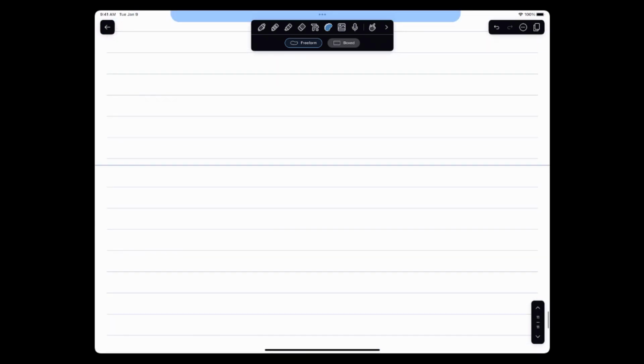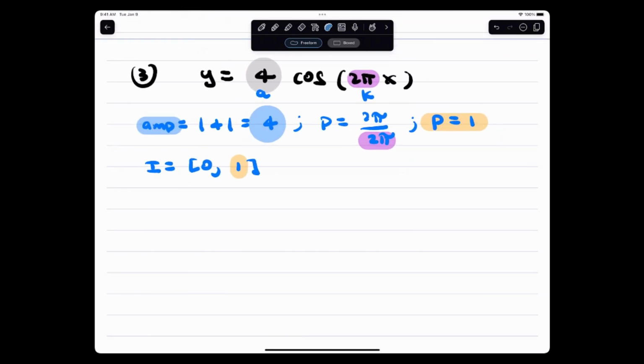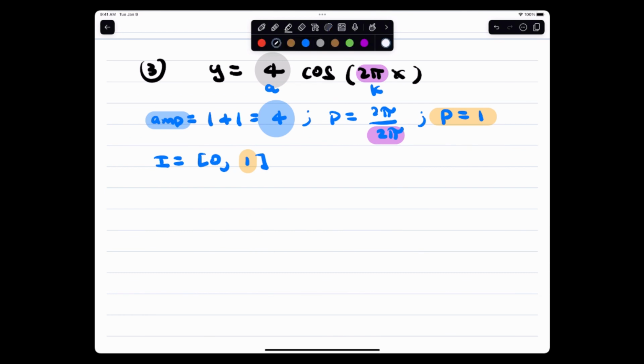Cosine is very similar now. I won't go to the exact same idea, but I want you guys to understand this idea here. I guess this is now going to be cosine. So you might say, how does this all work with the cosine curve?